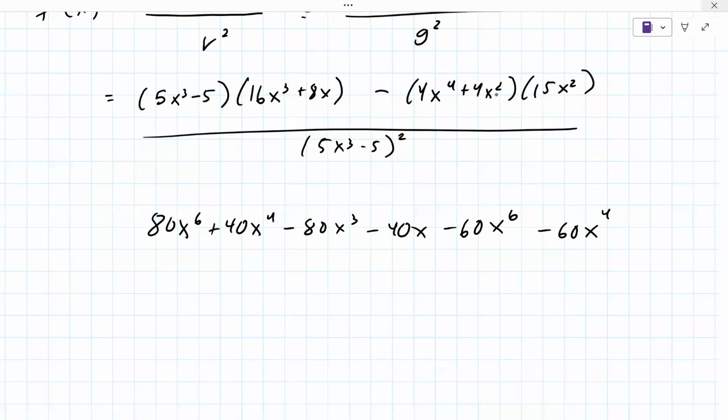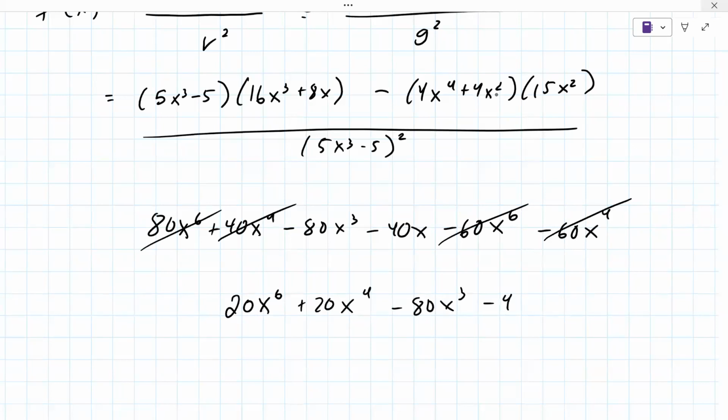And so what do we got here? These two combine to 20x to the sixth plus 20x to the fourth, minus 80x cubed minus 40x, all over this.